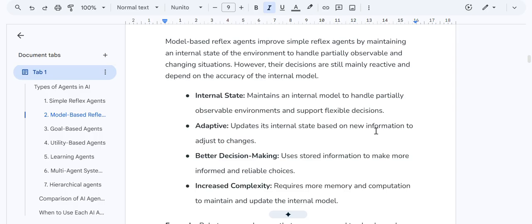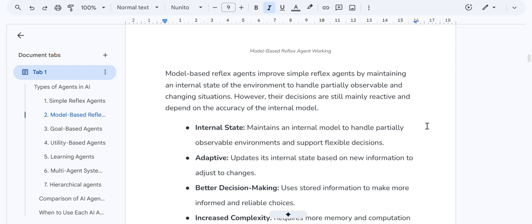Internal state: it maintains an internal model to handle partially observable environments and support flexible decisions. Adaptive: it updates its internal state based on new information to adjust to changes. For better decision making, it uses stored information to make more informed and reliable choices.